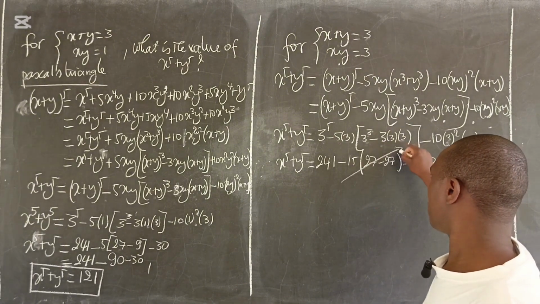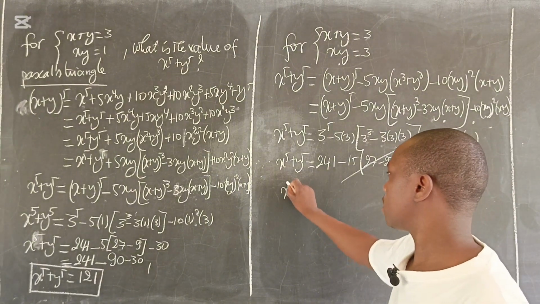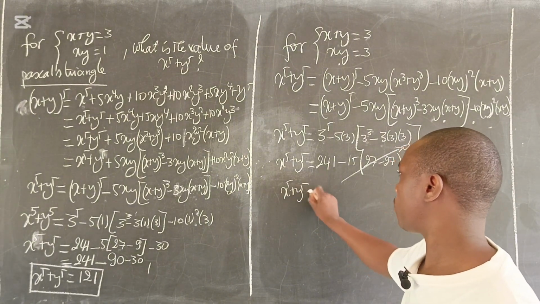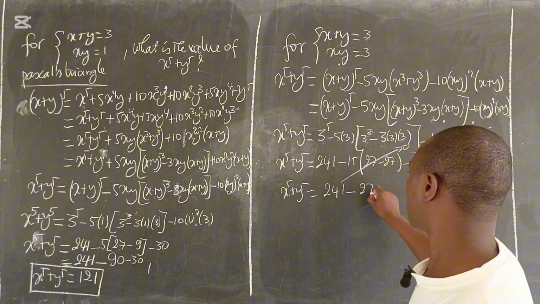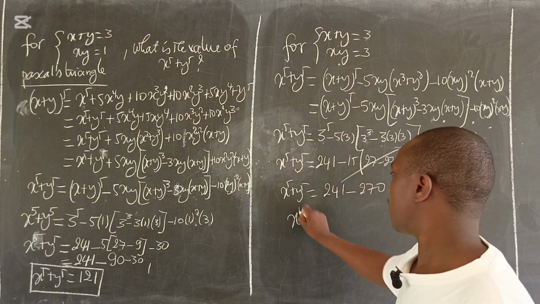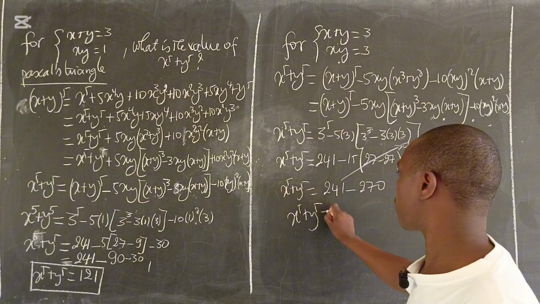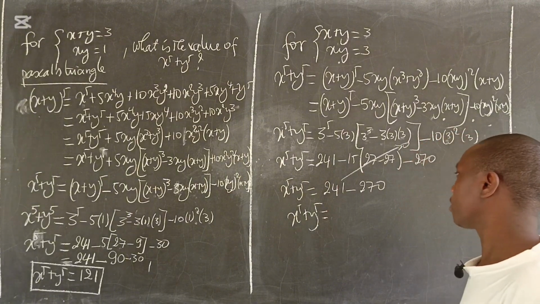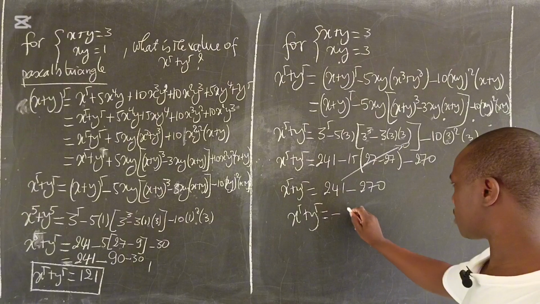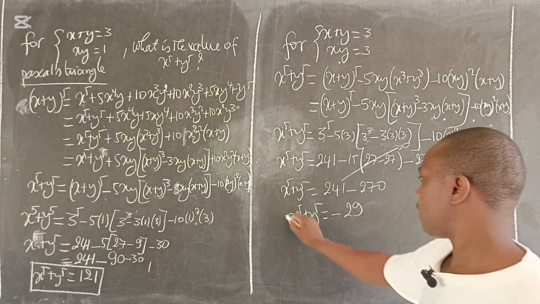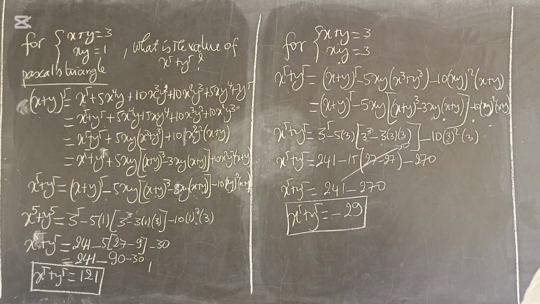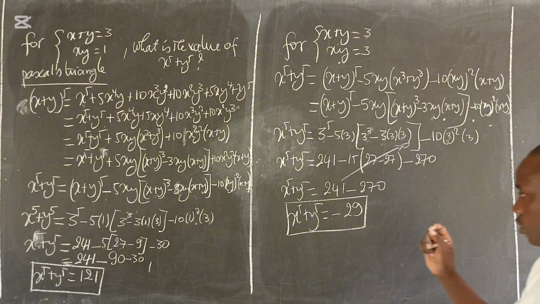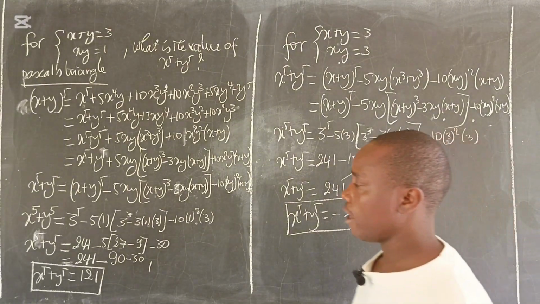So this will be 0. This is x power 5 plus y power 5, which is equal to 243 minus 270. x power 5 plus y power 5 is equal to minus, I guess, 27. This is the answer to this.